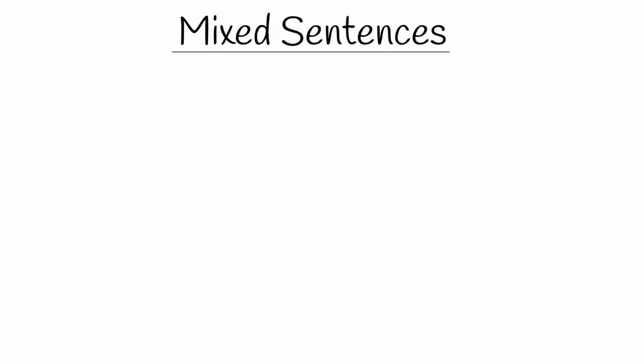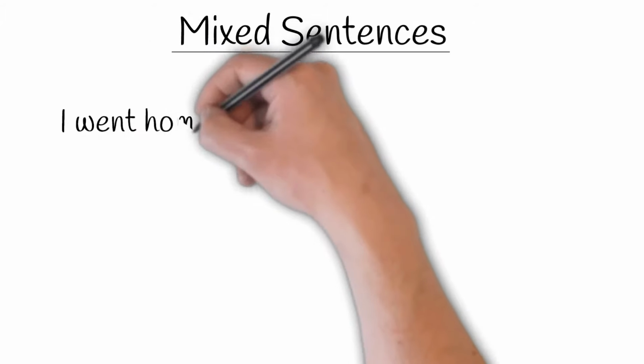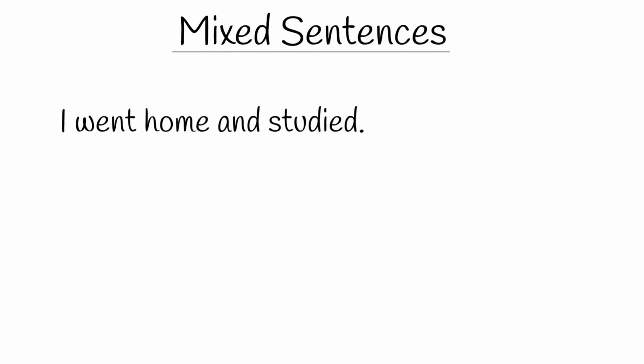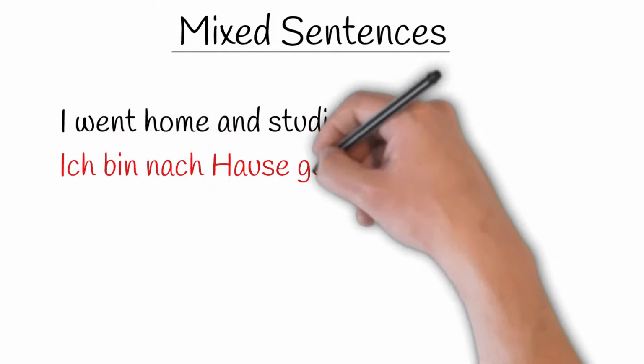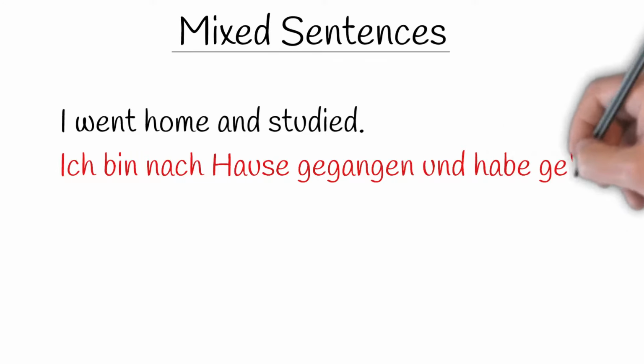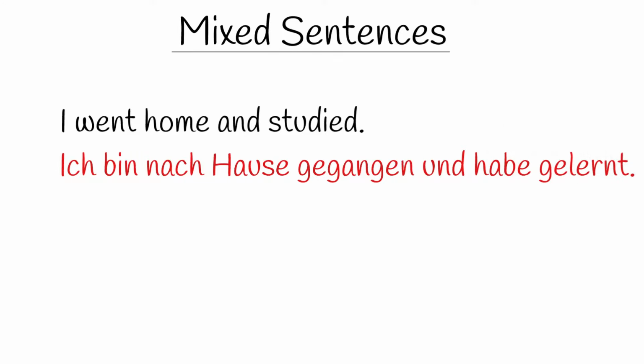We've looked at the two elements in detail, and to finish we're going to look at some mixed sentences. By mixed, I mean verbs that contain two different past tense forms. Firstly, I went home and studied. Now in this sentence, we say in German, ich bin nach Hause gegangen und habe gelernt.